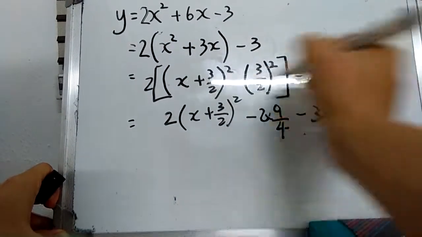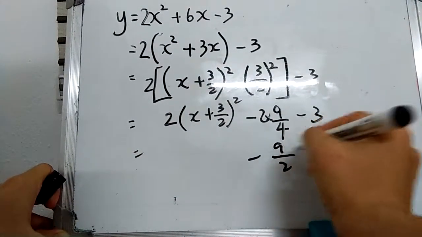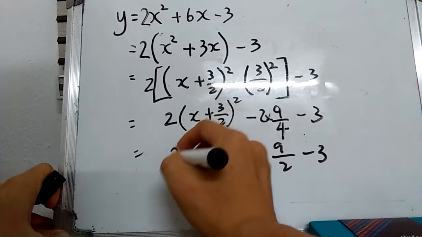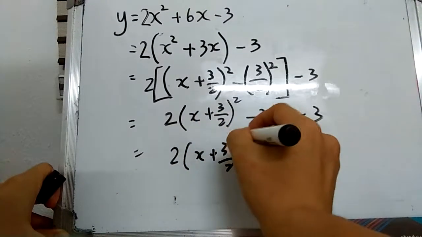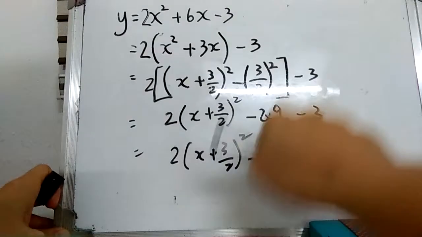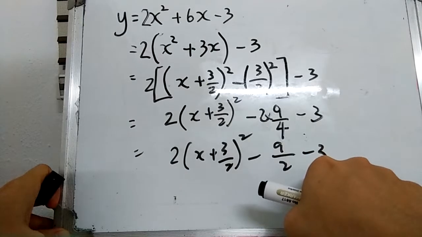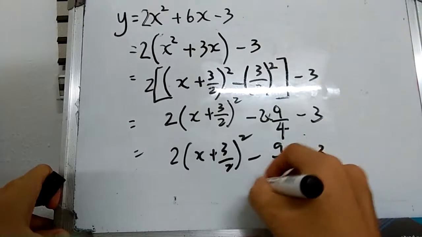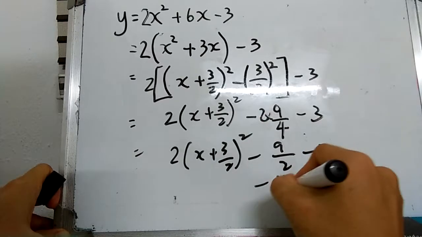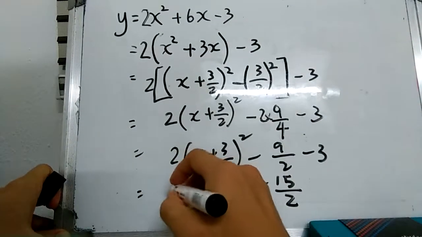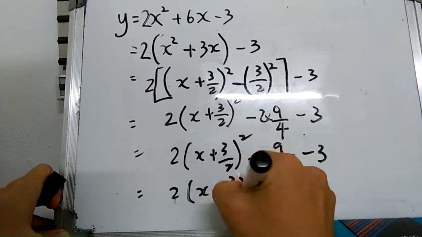You will get 9 over 2 minus 3, and the rest you just copy it down. The combination of 9 over 2 and 3 is minus 15 over 2, so we have 2 times x plus 3 over 2 squared.